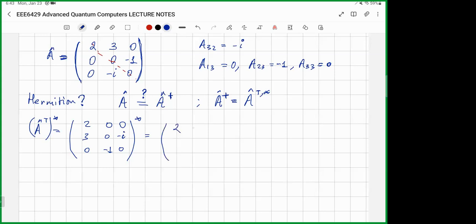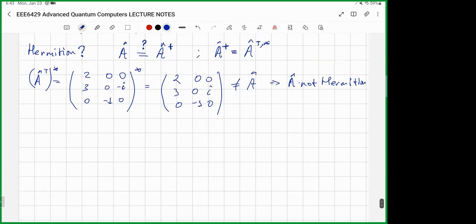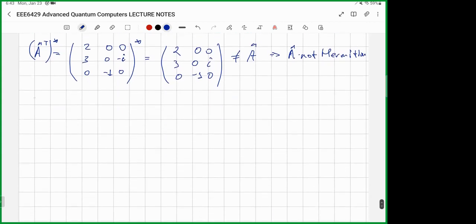So the result is 2, 0, 0, 3, 0, i, 0, minus 1, 0. Right. And this definitely doesn't coincide with the matrix A, so the matrix A is not Hermitian.